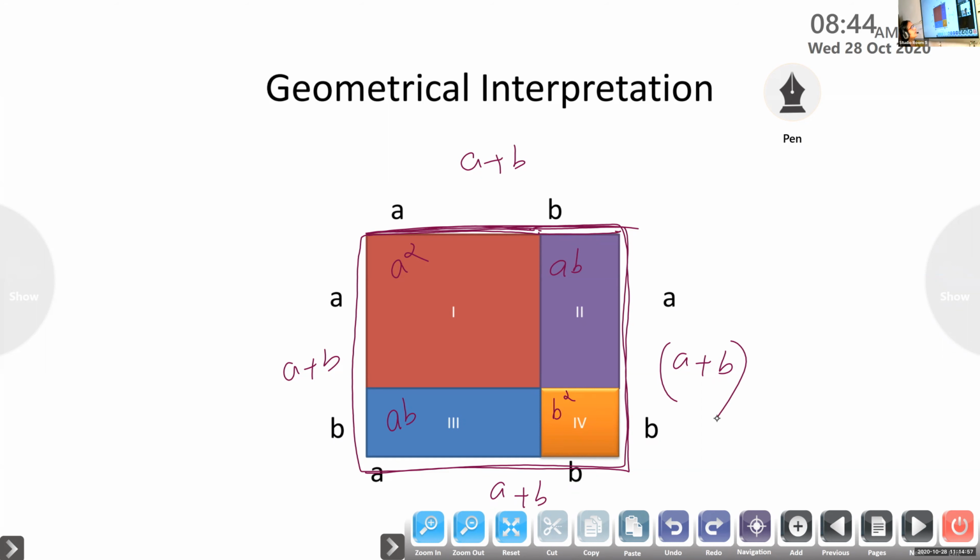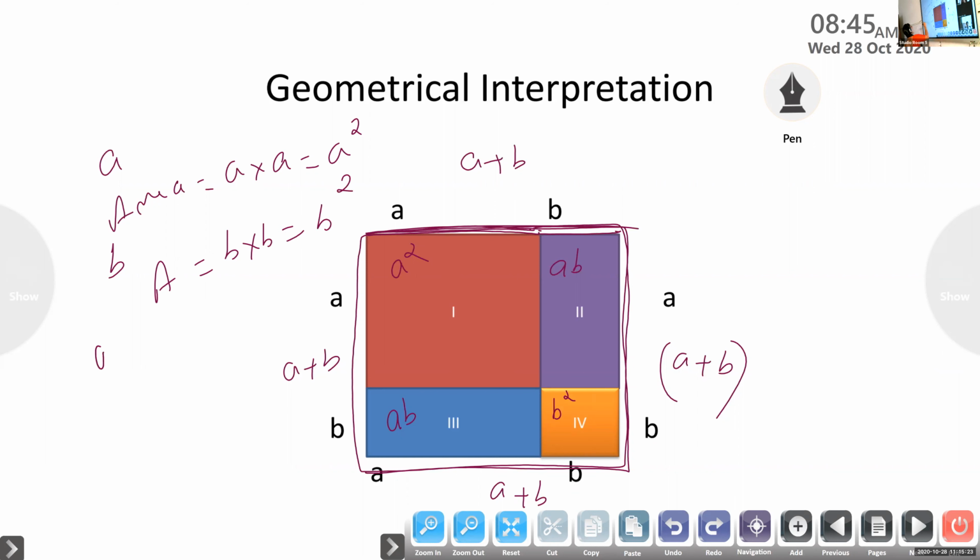Yes, Nikila, louder. A raised to 4 plus B raised to 4? No. A plus B whole square. Yes, A plus B whole square. If the side is A, area is A into A, that is A square. If the side is B, area is B into B, B square.